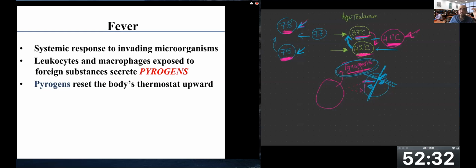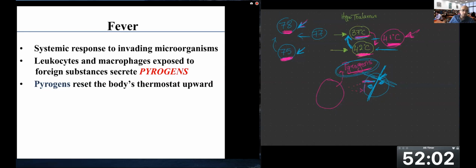If it's too high, we should interfere before I reach this reset new temperature in the hypothalamus. You should interfere here because this is going to have major complications, having a very high temperature or fever for a prolonged time. So this takes us here.